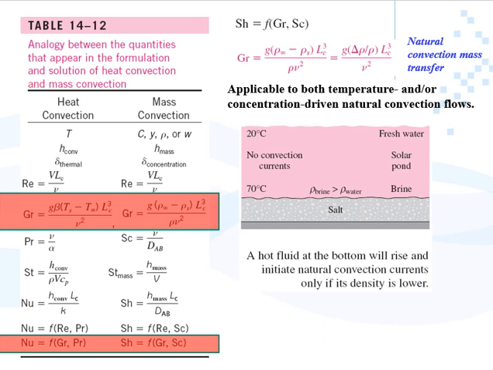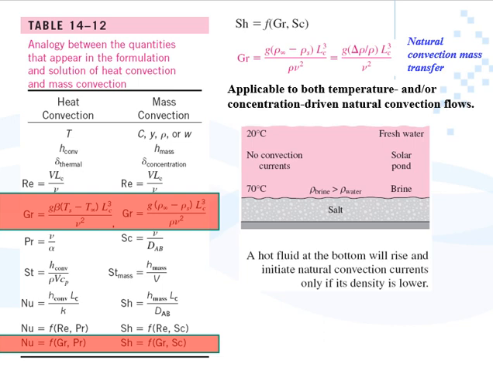So table 14.12 shows an analogy between the quantities that appear in the formulation and solution of the heat convection and mass transfer. As we said, in heat convection we are dealing with temperature and temperature difference.